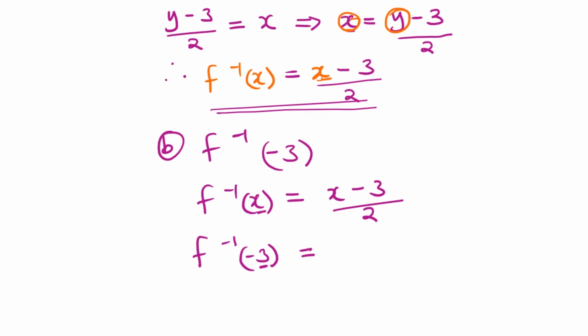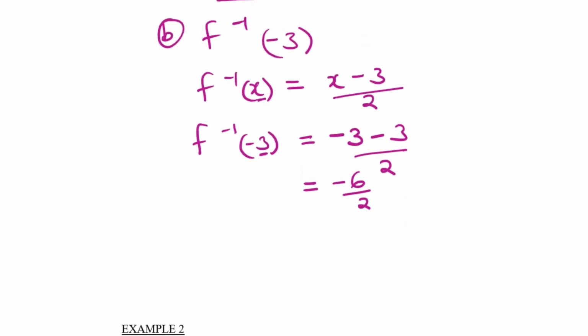Equally this side, where there is x, we replace by negative 3, so negative 3 minus 3 over 2. So here we are trying to find the value. Negative 3 minus 3 will give us negative 6 over 2. And if we divide negative 6 by 2, we are going to get negative 3.